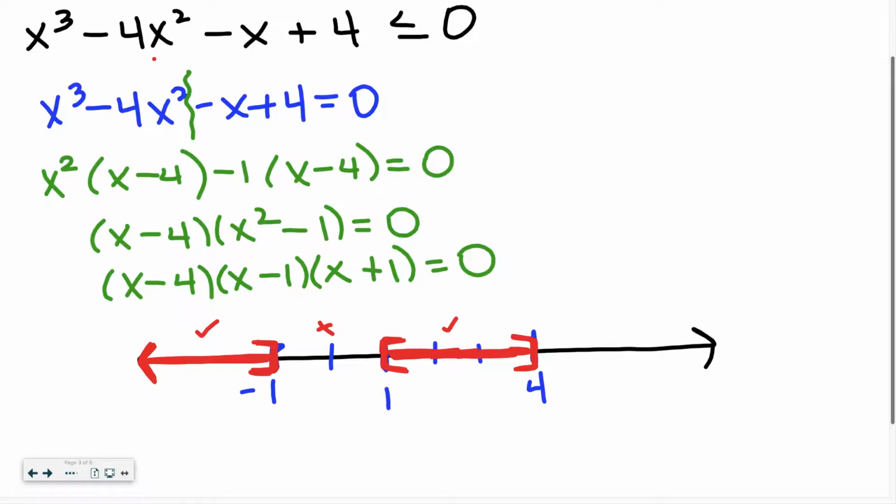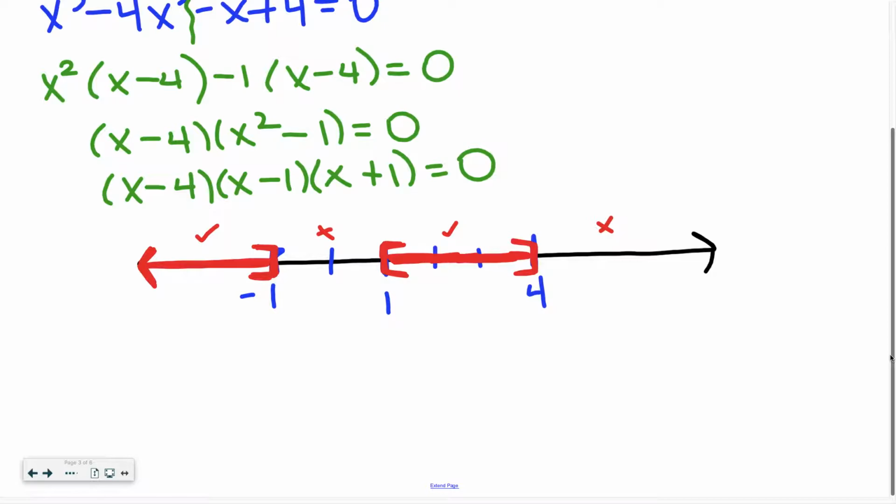That's going to be a positive number, right? And that positive number is not less than or equal to 0, so that interval does not work. As long as you choose a number in each interval, that should give you the intervals that work and the intervals that don't. So here is your number line answer.